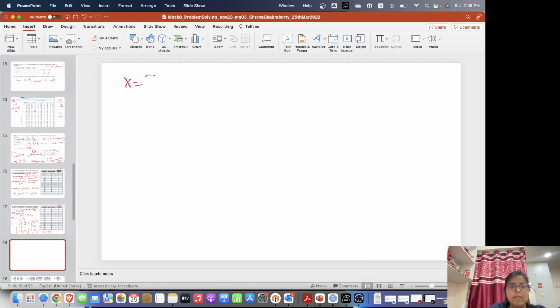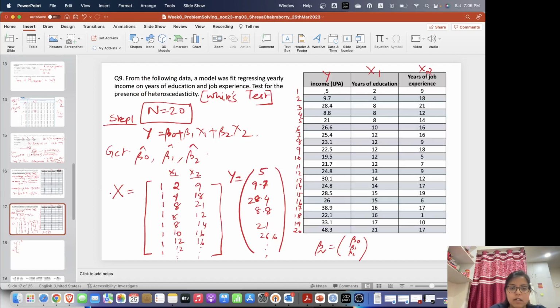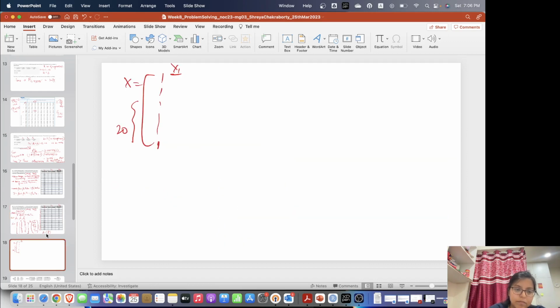For x I have 1, 1, 1, 1, 20 times. Here I have the x1 values, as I was saying, let's say 2, 4, 8 and so on.